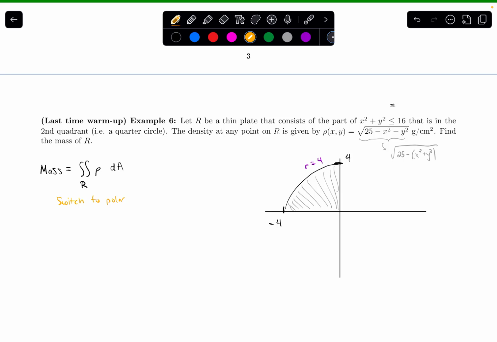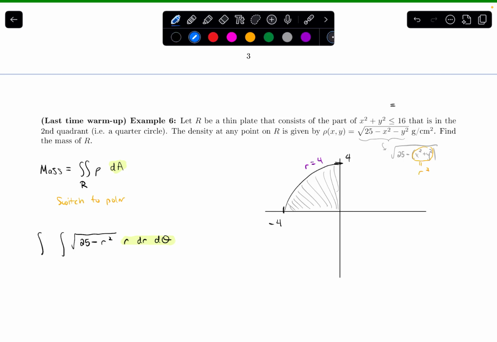But in polar coordinates, x squared plus y squared is just equal to r squared. So when I switch to polar, I'm going to get a double integral, and my density function becomes the square root of 25 minus r squared. We've seen that dA becomes r dr d theta. So I'll highlight that: dA becomes r dr d theta.